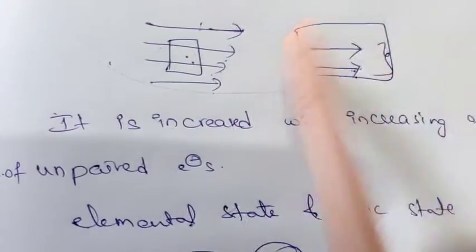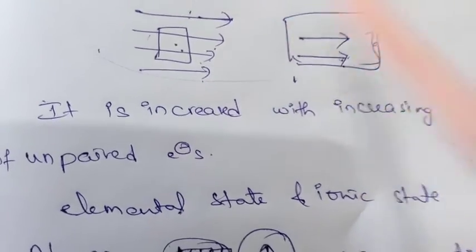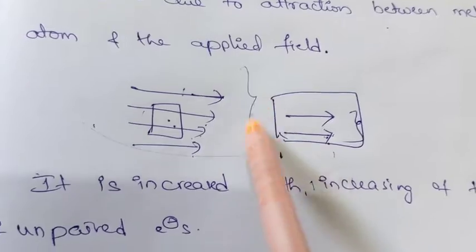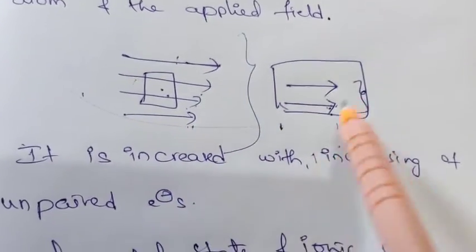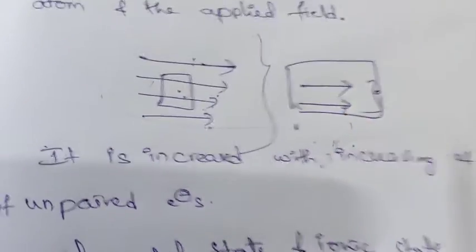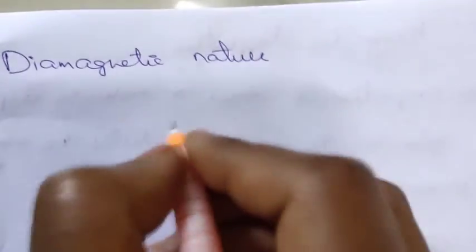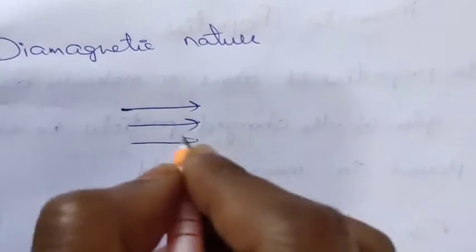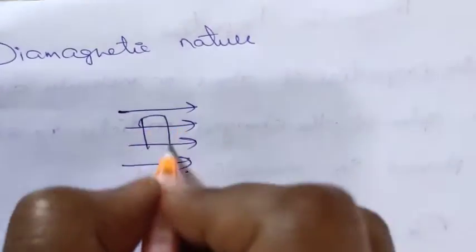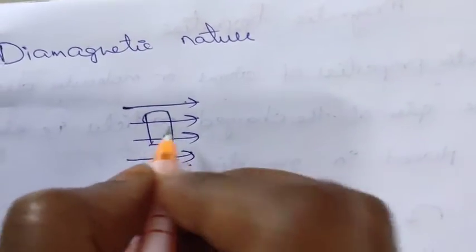These transition elements or metals and their complexes are weakly attracted by the applied magnetic field compared to ferromagnetic nature. In diamagnetic nature, both the magnetic field and the transition metal are repelled.